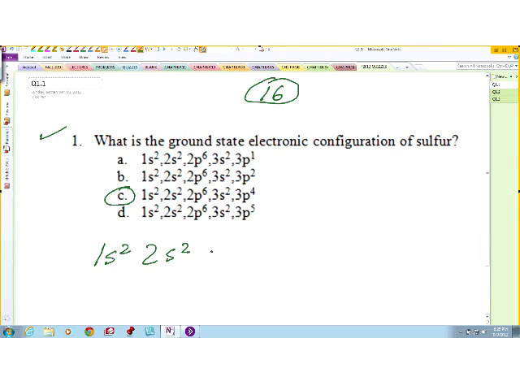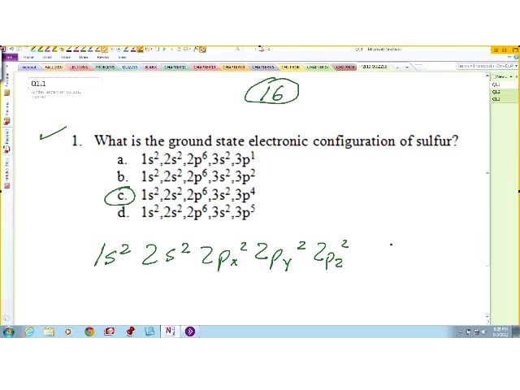2s2, 2px2, 2py2, 2pz2, and then there are 6 more electrons to go.